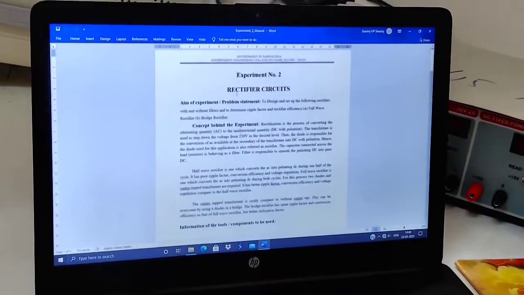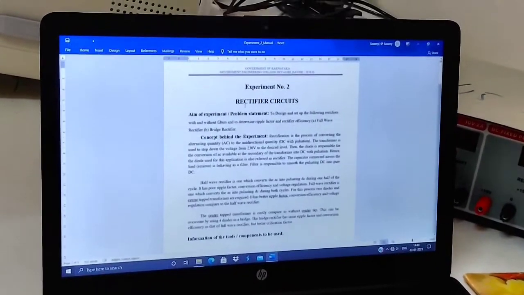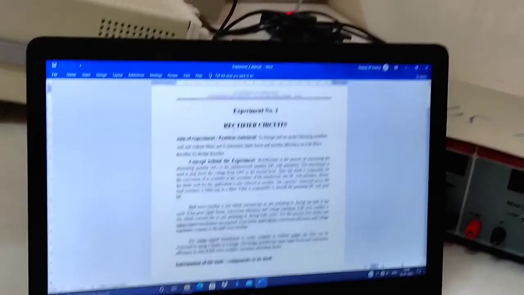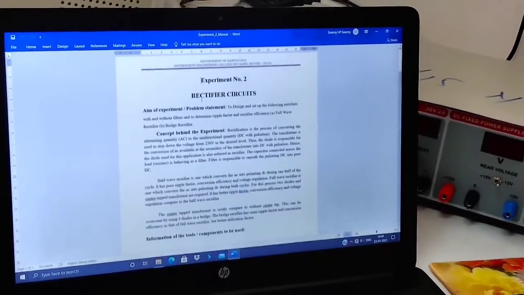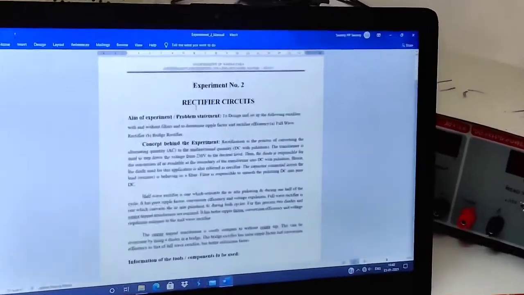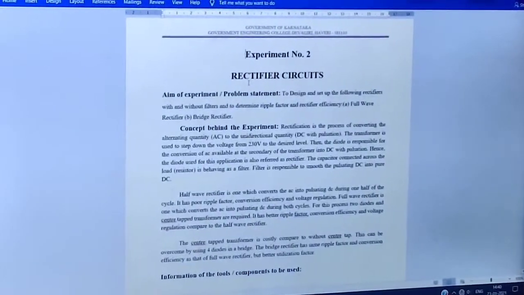The concept behind the experiment: rectification is the process of converting the alternating quantity AC to the unidirectional quantity DC. The transformer is used to step down the voltage from 230 volt to the desired level.